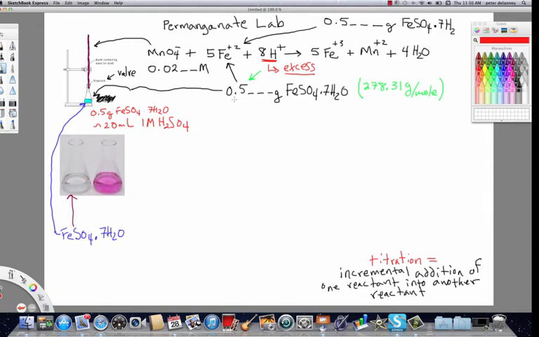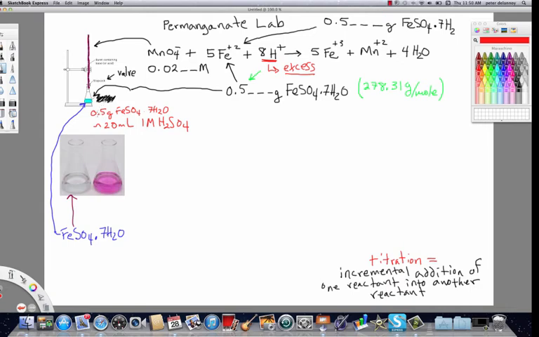So you rinse in the 0.5 gram of the iron 2 sulfate using the sulfuric acid, and then you wash down the sidewalls of the Erlenmeyer flask, the collection flask, with the sulfuric acid solution, and then eyeball the volume so that it's a little bit over halfway up to the 50 mil mark, and you should be good to go.